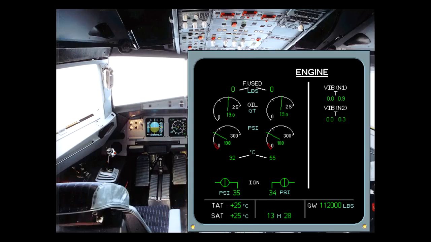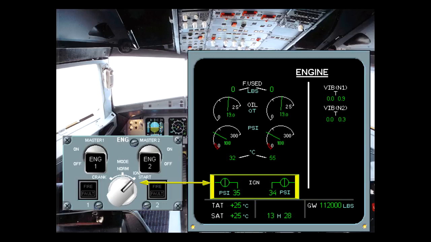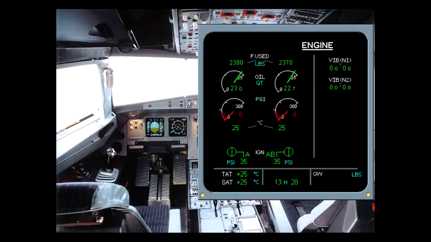Start valve indications and bleed pressure are displayed during the start sequence when the engine mode selector is in the ignition start position. They are also displayed when the selector is in the crank position. Ignition indications are displayed in green.